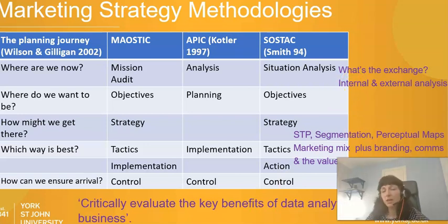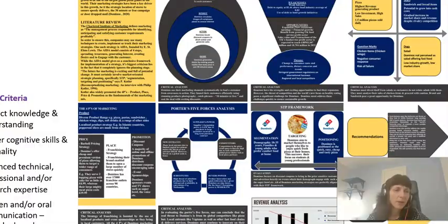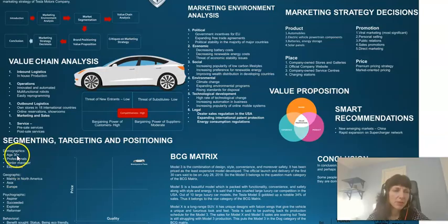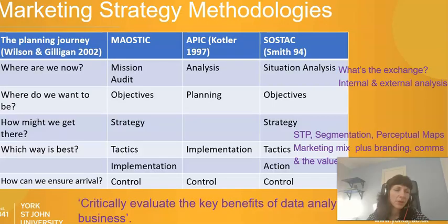And if we go back to the Tesla one, I think there was evidence of some pretty good understanding of how they're fitting their market environment analysis. That's external because that's your PESTLE, but actually the BCG I think was used for internal analysis here. So we're looking at what's driving the organisation.